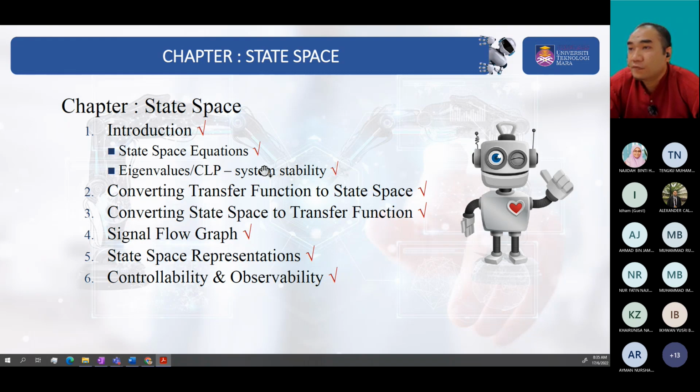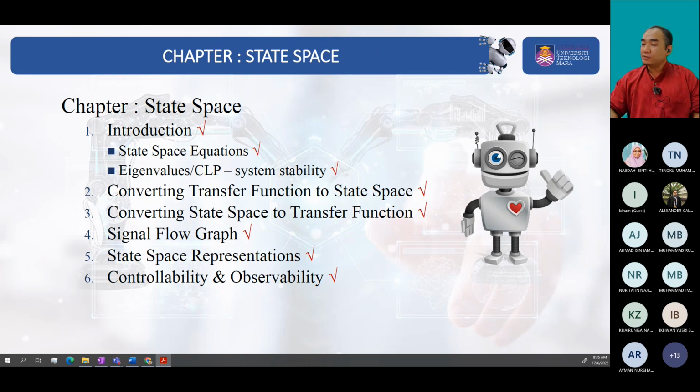I believe that most of you already have some understanding about what the transfer function is all about, how to identify the zeros and the poles of the system, and the difference between the open loop transfer function, closed loop transfer function, and etc. The other approach to get a model of a system is by using state space, instead of using a transfer function.